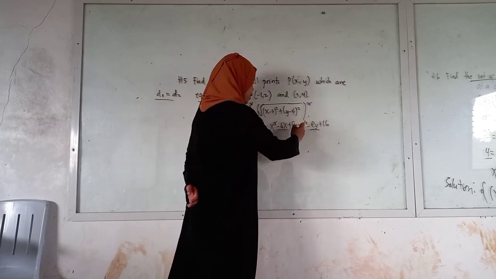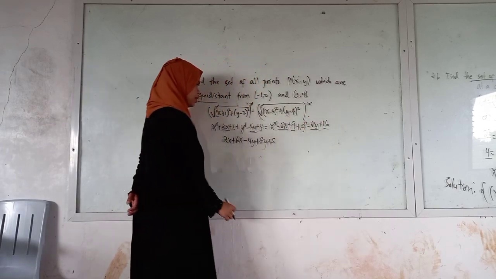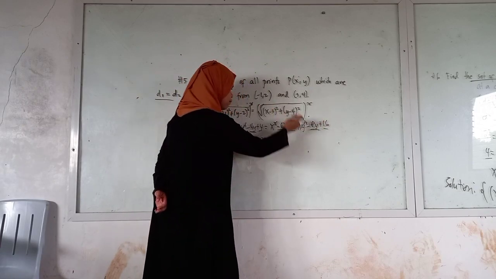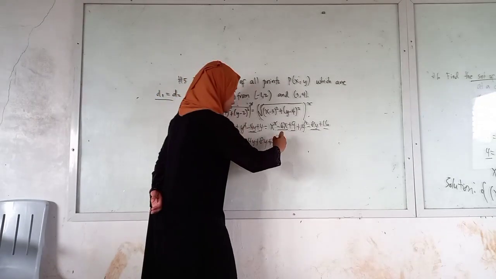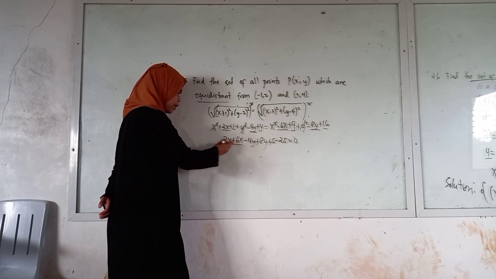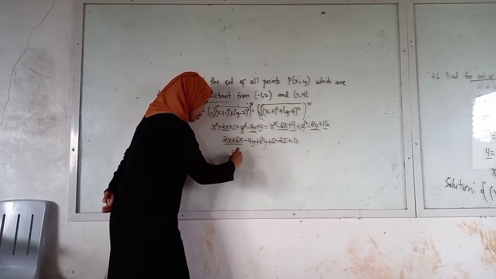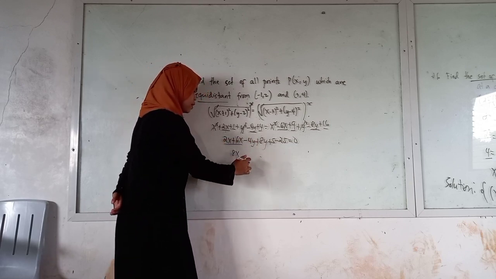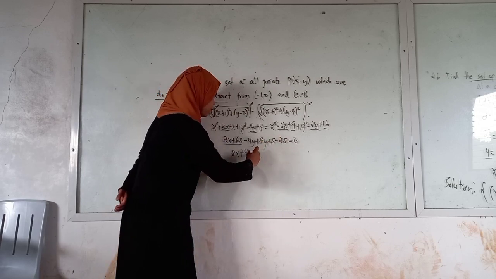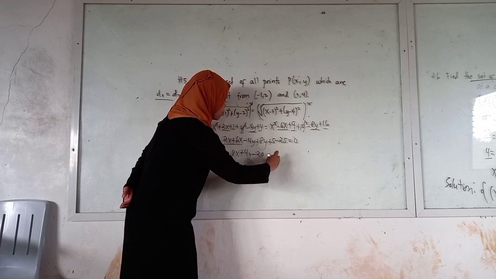For the constant in the right side, I have 9 plus 16, that is 25. Transpose to it, magiging negative 25 is equal to 0. So, combining the like terms, I have 8x, negative 4 plus 8, I have plus 4y. And then 5 minus 25, that is negative 20 is equal to 0.